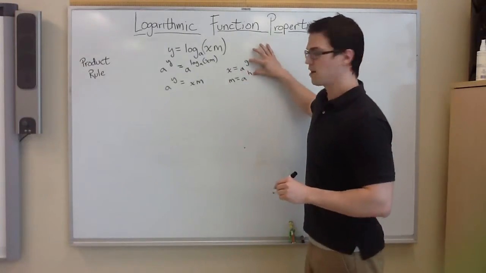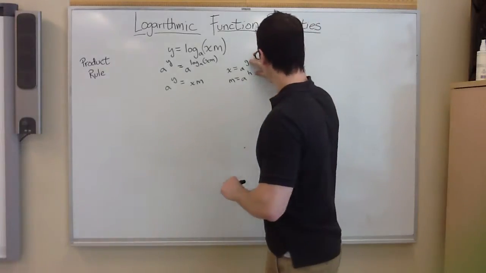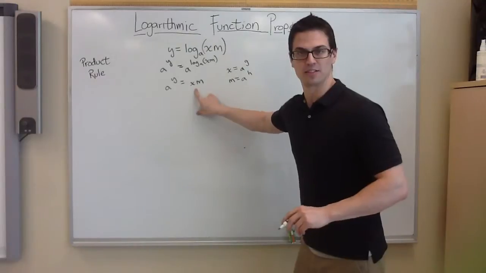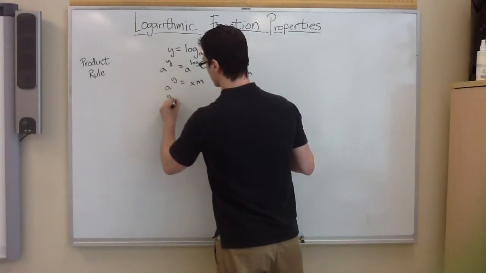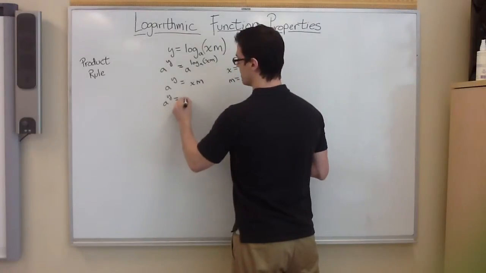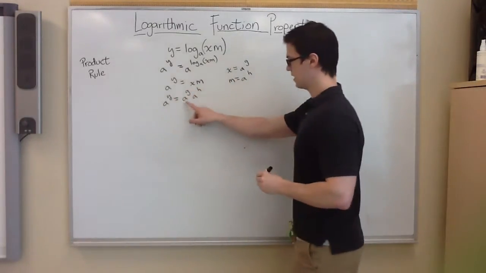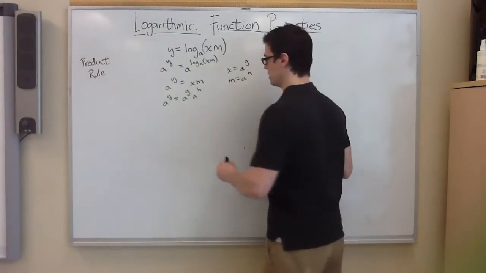These two variables could be any variable as long as I didn't use them over here already. So I raise this one to the g power and this one to the h power, and now I'm going to substitute that in here because it'll help us solve it. Trust me. So a to the y power equals a to the g power times a to the h power, since x times m, these are x and m, so just multiply them.